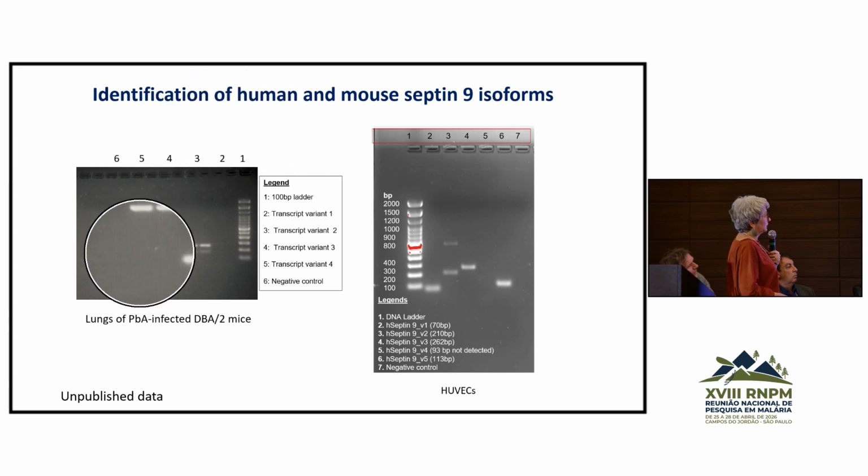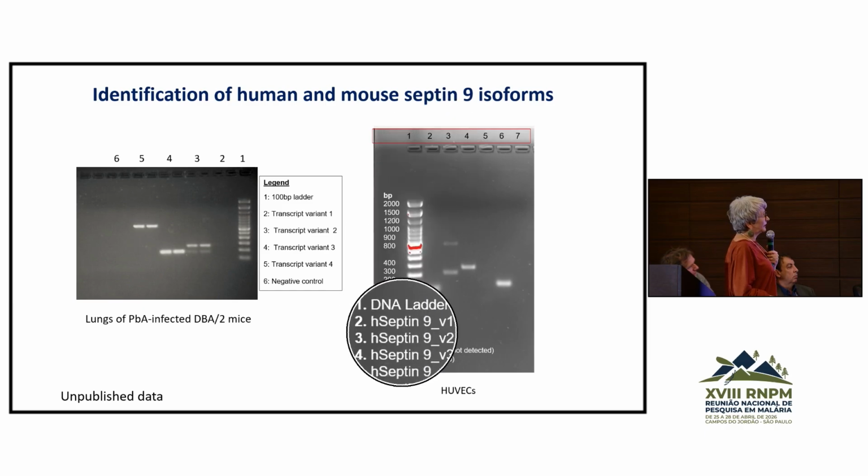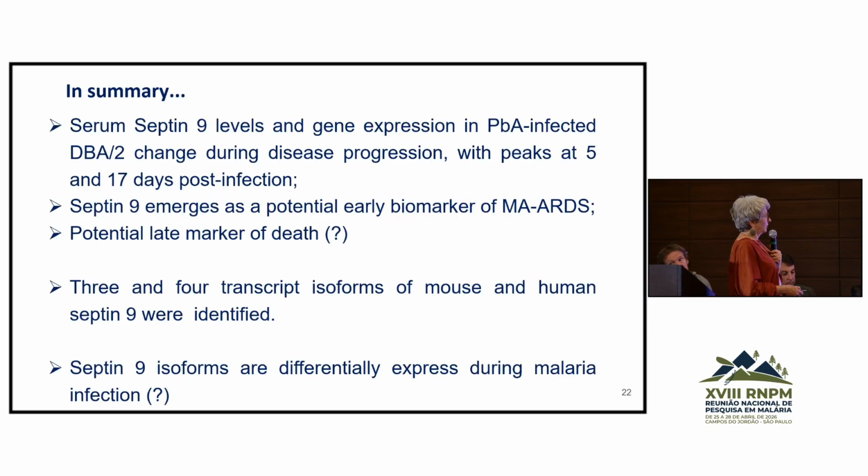So we're now in the phase of identifying the isoforms in the lungs of the infected mice, and here in HUVEC cells, where we're trying to perform in vitro assays.